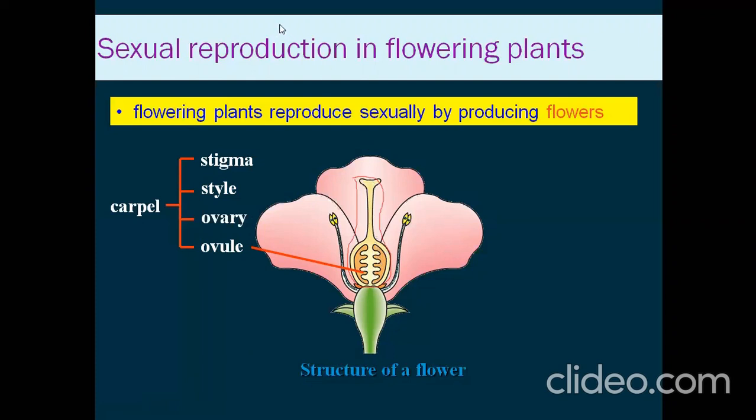Now, another part we have, this part. This is the male reproductive part. It consists of two parts, up and down.